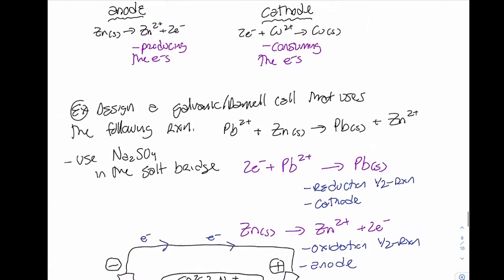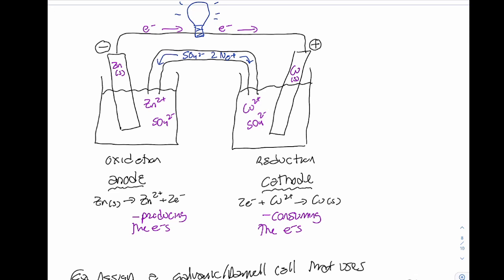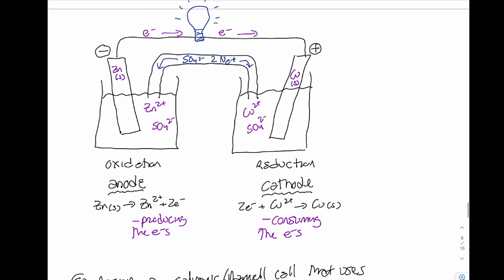Let's go back up and do this one. Do this one on your own real quick, if you wouldn't mind. Hit pause, write your shorthand notation for this one, and then when you're ready to check it, hit play again. All right, hopefully you did that. Anode first. My reactant is a solid, my product is an aqueous solution, so we need a vertical line between them.